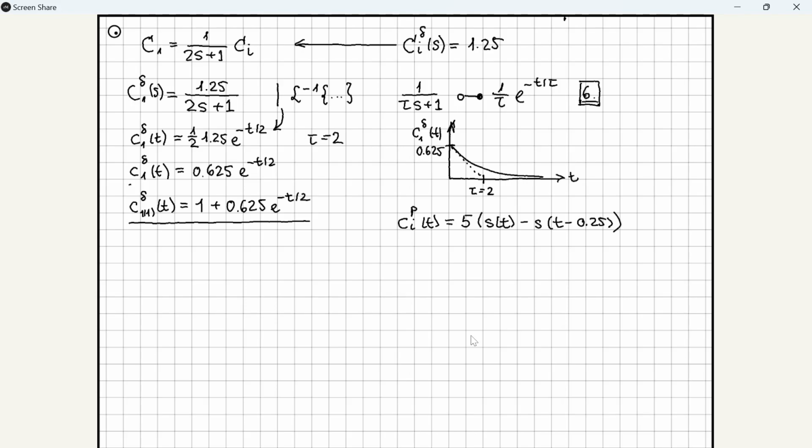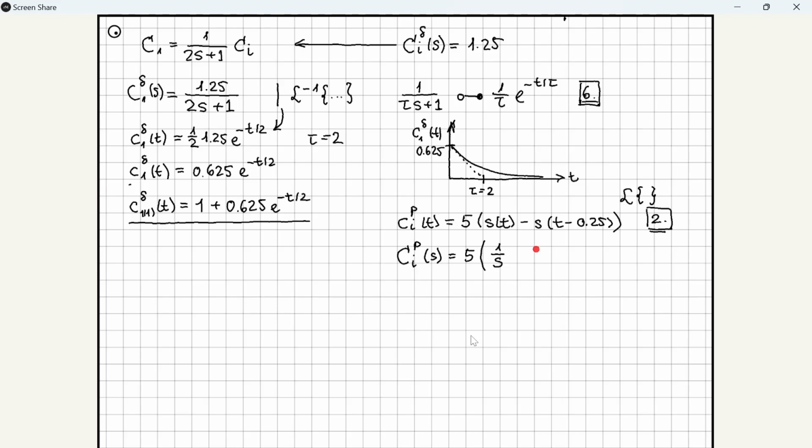If I do the Laplace transform of this, I get Ci of p of s, capital letter, equal to 5 times, and now I have to take the Laplace transform of a step, and that is 1 over s. This is using Laplace transform number 2. So I do the Laplace transform again, and I use equation number 2. The Laplace transform of a step function is 1 over s.